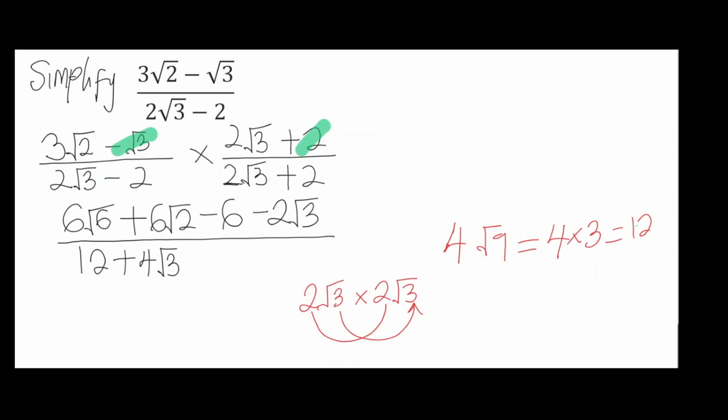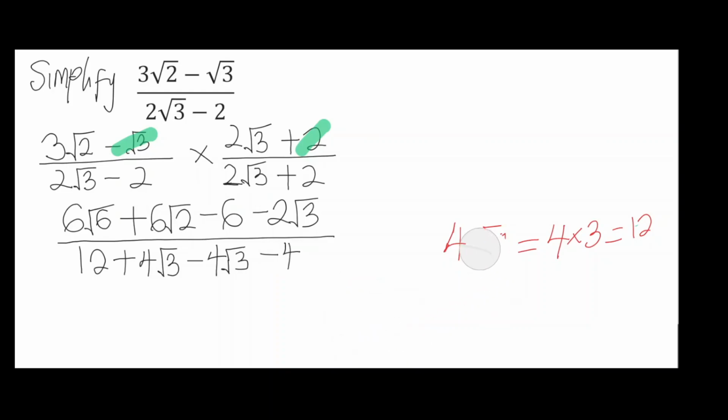So we have minus 2 times 2 root 3, which is minus 4 root 3. And lastly, we have minus 2 times 2, and that's minus 4. So write minus 4.